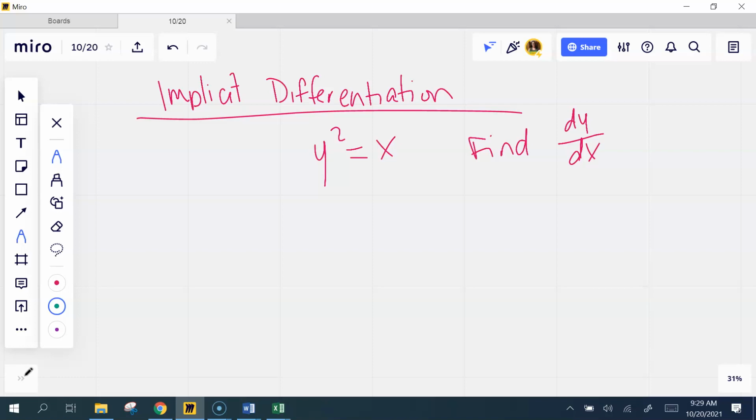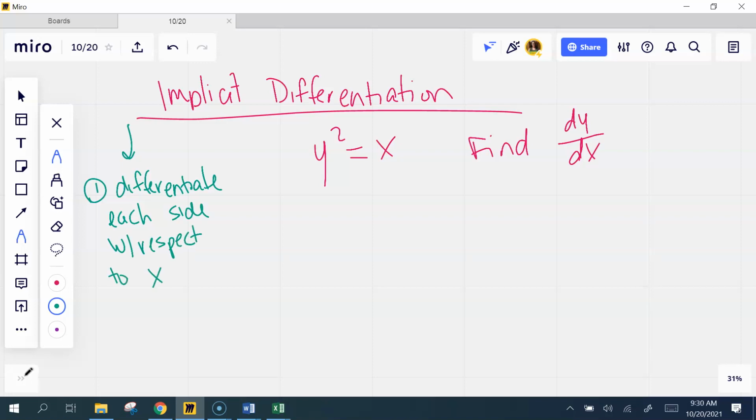So here's what we do. When we do implicit differentiation, the first thing we are going to do is differentiate each side with respect to x. So what does that mean exactly? That means it's the chain rule coming out.